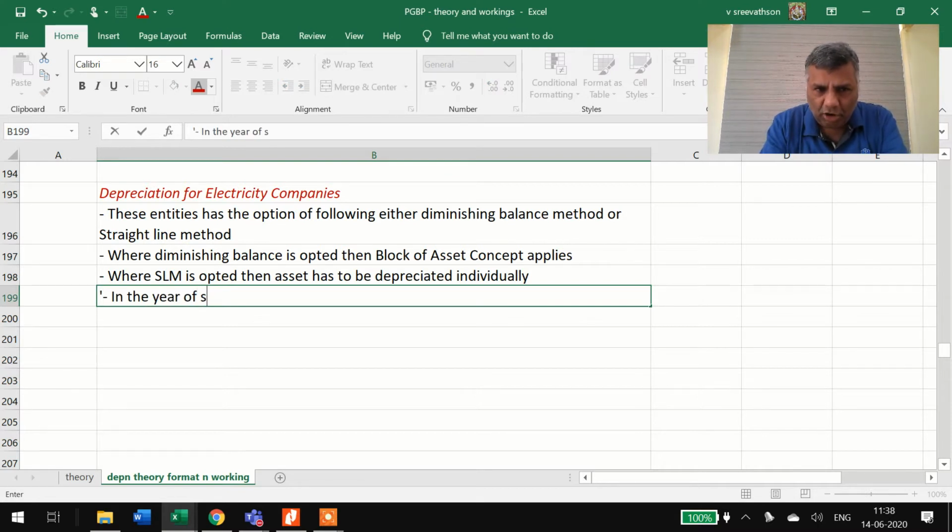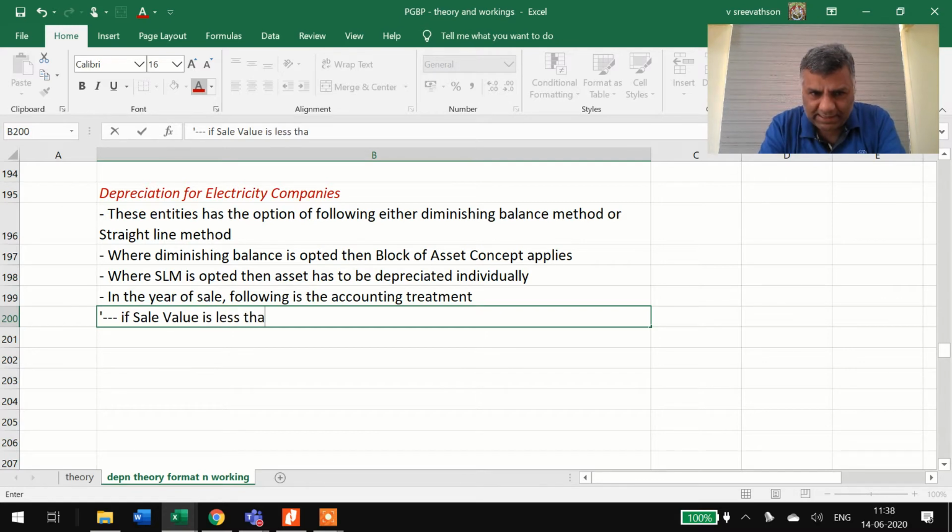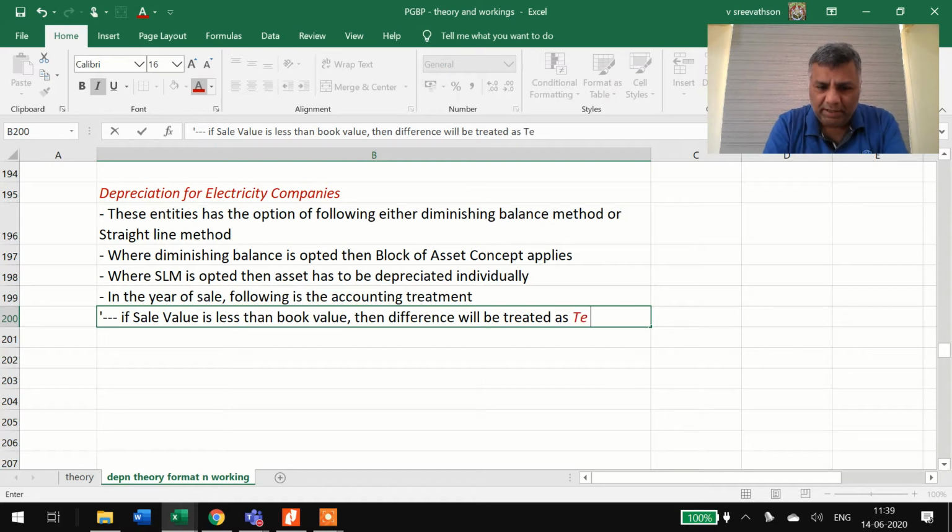In the year of sale, following is the accounting treatment. How to record? If the sale value is less than the book value, that is the written down value, then the difference will be treated as terminal depreciation.